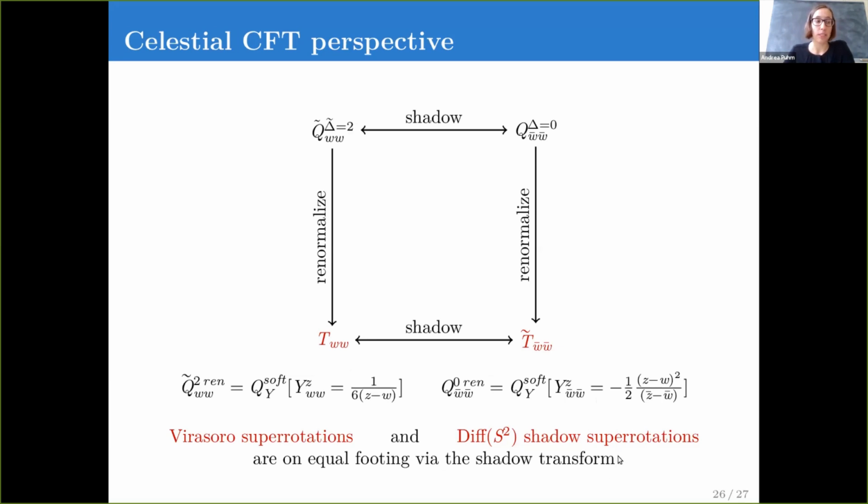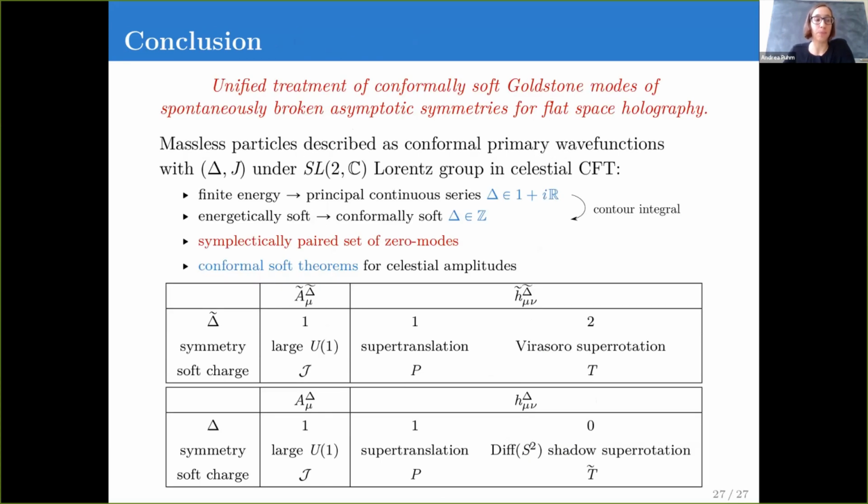Now, this brings me to my conclusion. I have described to you a unified treatment of conformally soft Goldstone modes of spontaneously broken asymptotic symmetries with a view towards flat space holography. Massless particles here are described by conformal primary wave functions that have dimension delta and spin j under the SL(2,C) Lorentz group, which is the global conformal group on the celestial sphere.